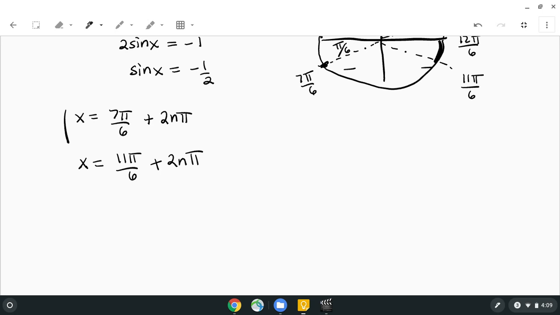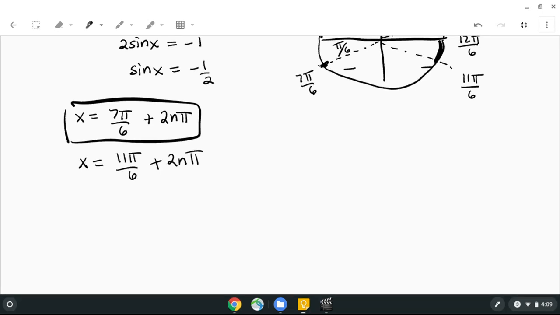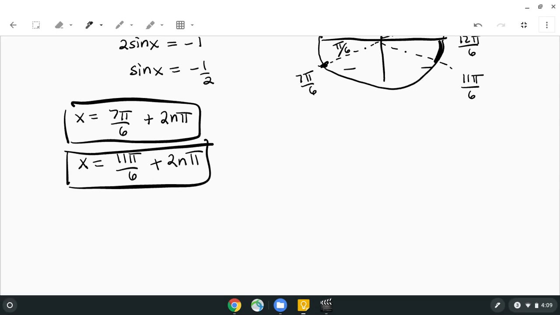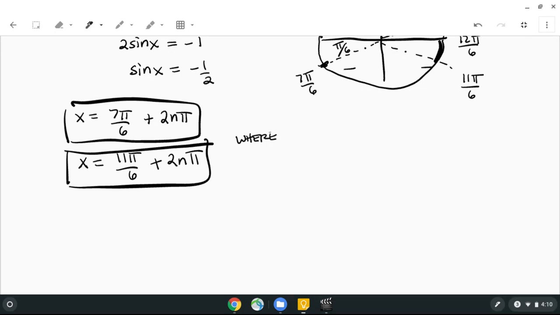So we have this answer, and we also have this one, where n is an integer.